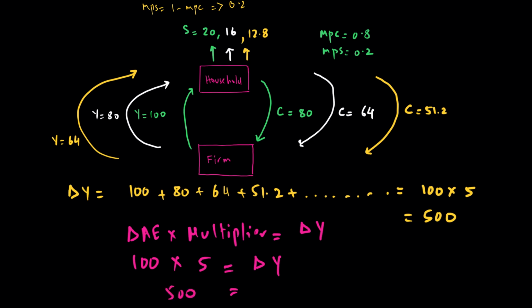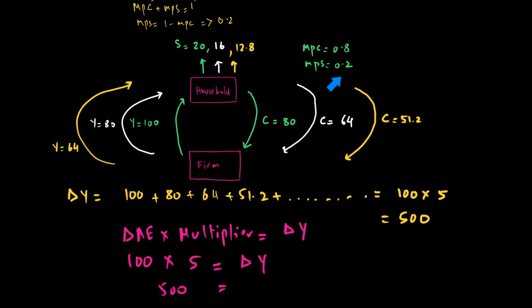And why is my multiplier 5? We said that is a function of your MPS, how much you save. Now I'll give you a scenario. What if my MPS is not 0.2? What if my MPS turns out to be 1, which means my MPC is equal to 0. Remember, because MPC plus MPS is equal to 1.